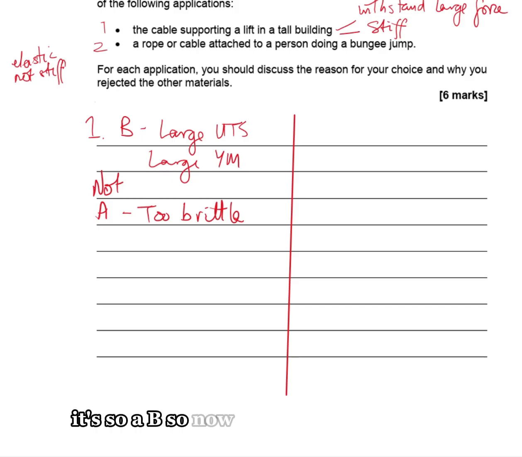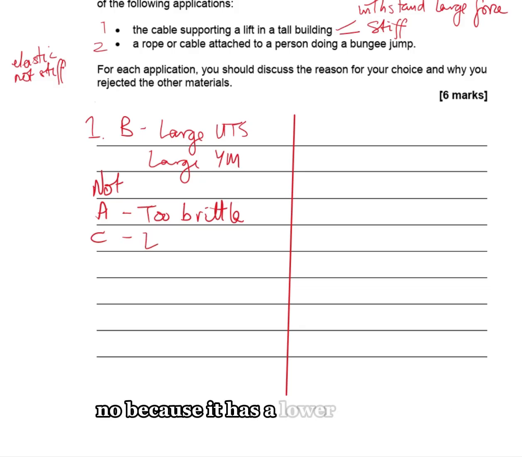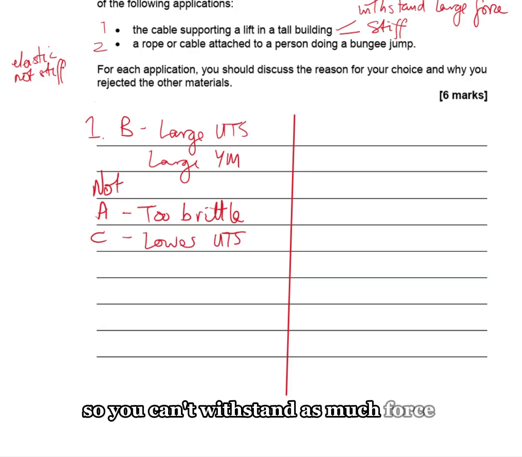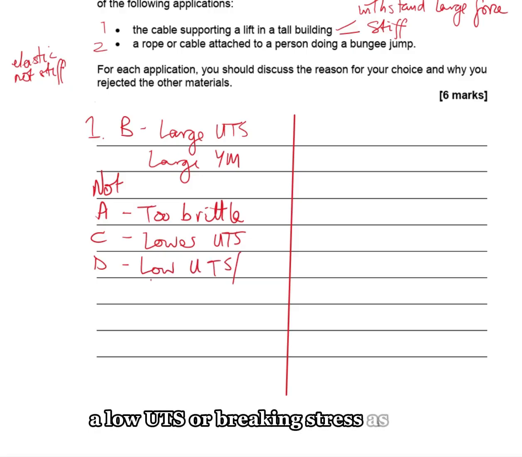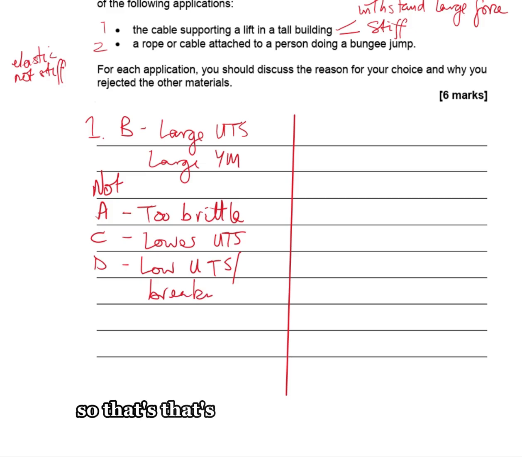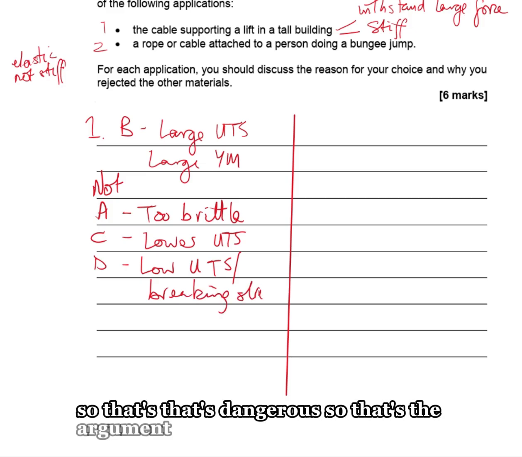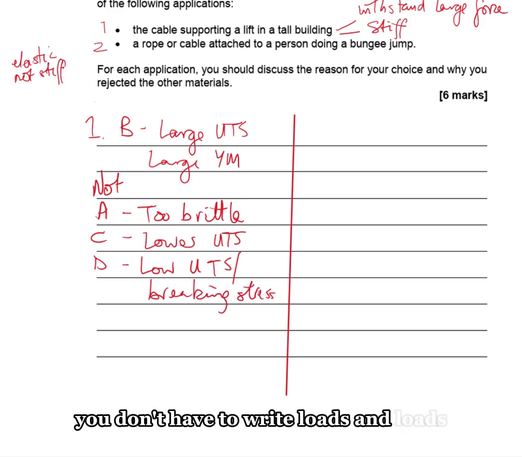Would you use C? No, because it has a lower ultimate tensile stress, so it can't withstand as much force. Would you use D? No, because it's got a low UTS or breaking stress as well. So that's dangerous. That's the argument for this one. You don't have to write loads and loads.